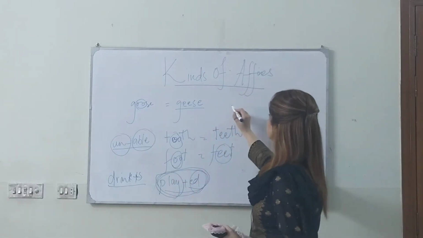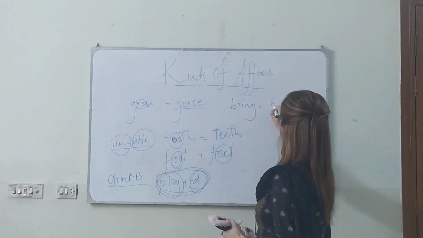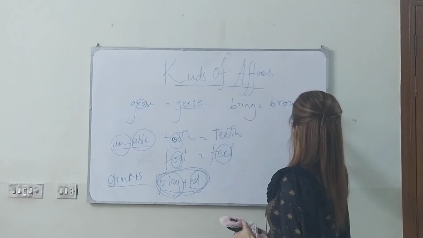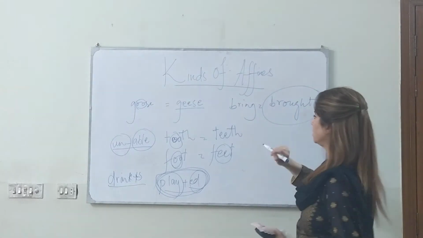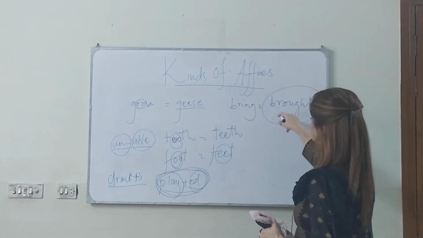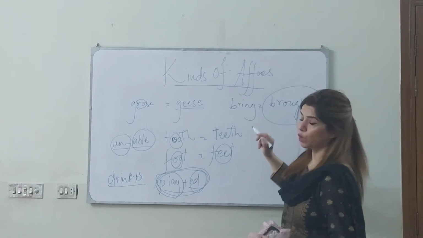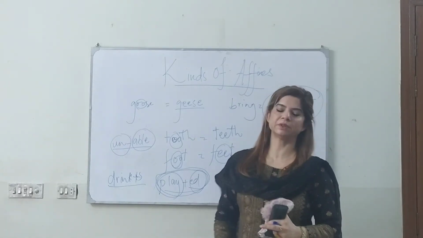Like if I say bring, it will be changed to brought. Again, brought is the past form of the word bring. We use bring in present simple, and we use brought in past simple. What we are doing, these are the structures of the words, these are the examples of the affixes.